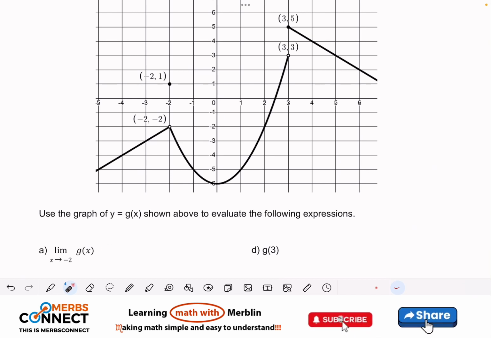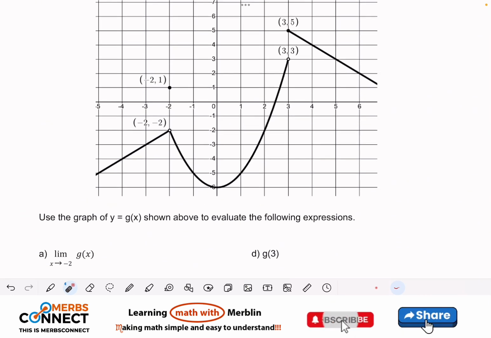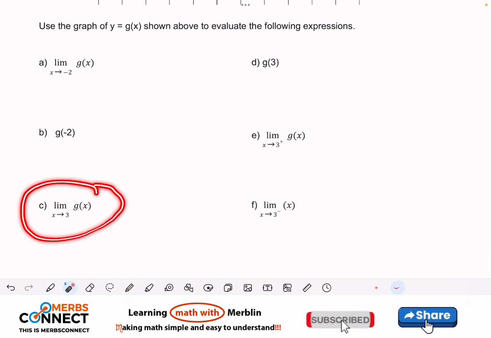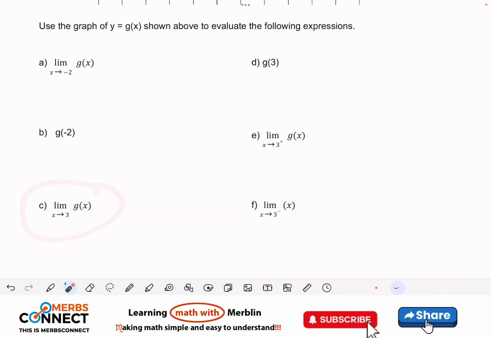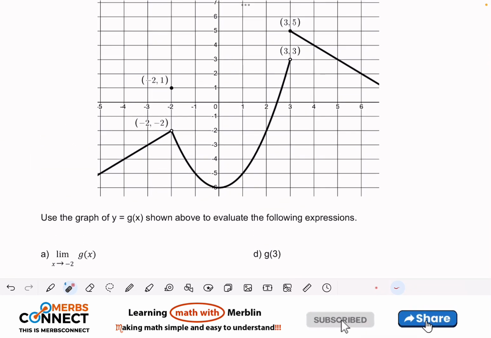Then B, we need g of -2, so you come to the graph and look for g of -2. We need g of x as x is approaching 3, but we need to look at the left and the right first. It follows the same procedure as the one we did. Put your final results in the comment section and let's see what you are going to get.